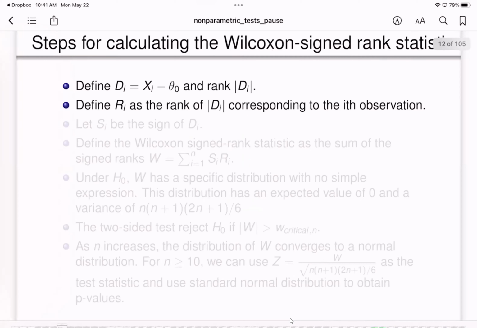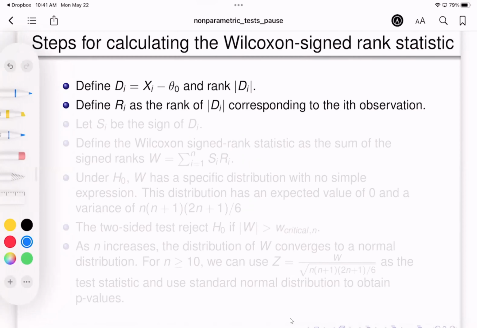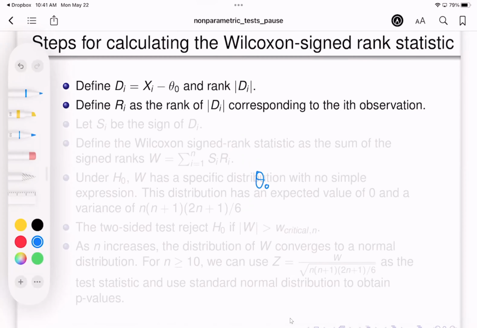Suppose theta 0 is here, and we have only 3 observations. This is theta 0, and this is the D1 absolute value, and this part from here to here is the distance of the D2 absolute value. And if we consider the distance this much, that's the D3 distance.